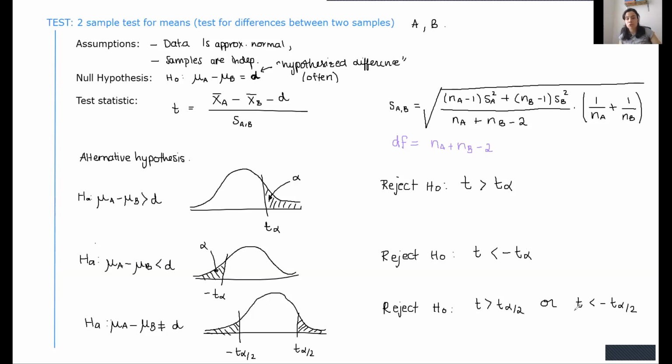Is that okay? Please show your hand if you understand. At this point, it's just a repetition from what we did before with the proportion, but with two samples. So when you're done writing and you think you're pretty good with understanding this, please raise your hand.